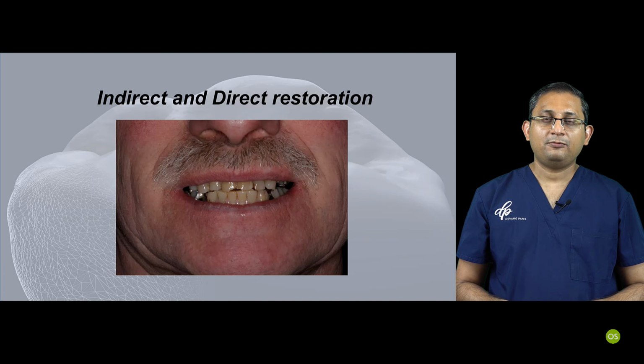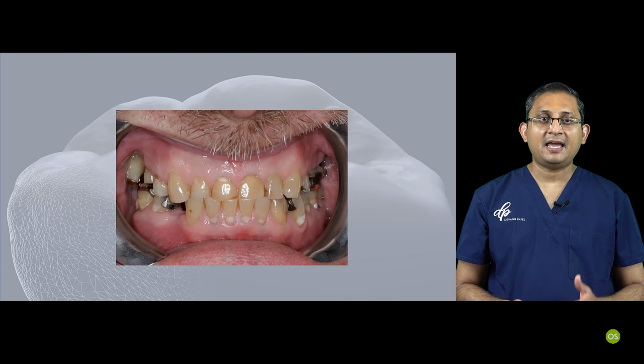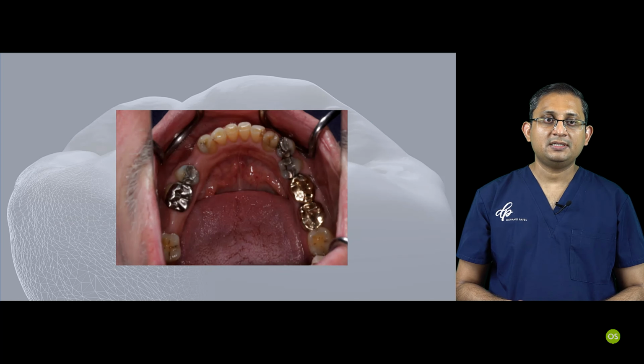A similar case, which we discussed early on, where the patient had heavy wear, edge-to-edge occlusion, and lots of broken down teeth, as you can see posteriorly, and occlusally you can see severe wear and lots of broken down teeth. However, there were some posterior teeth with gold onlays or crowns that were stable.